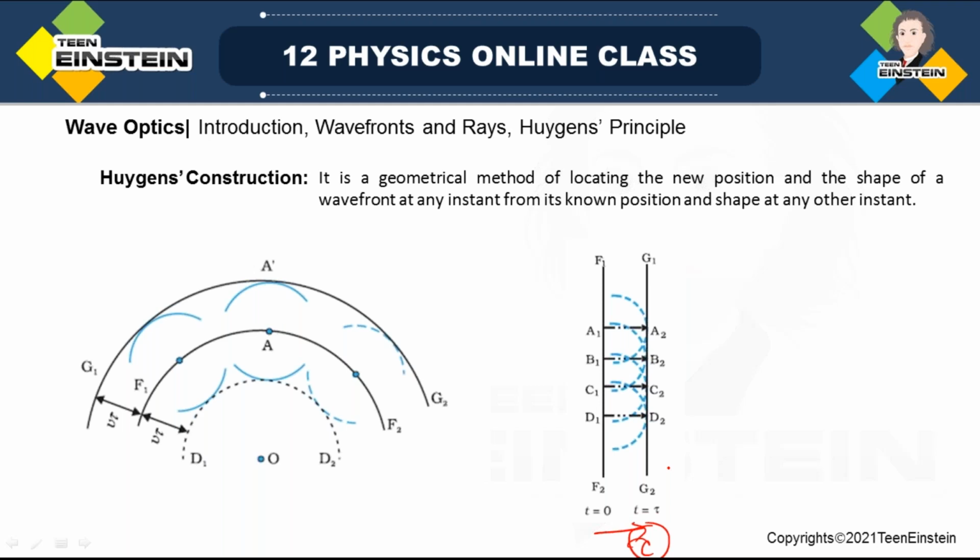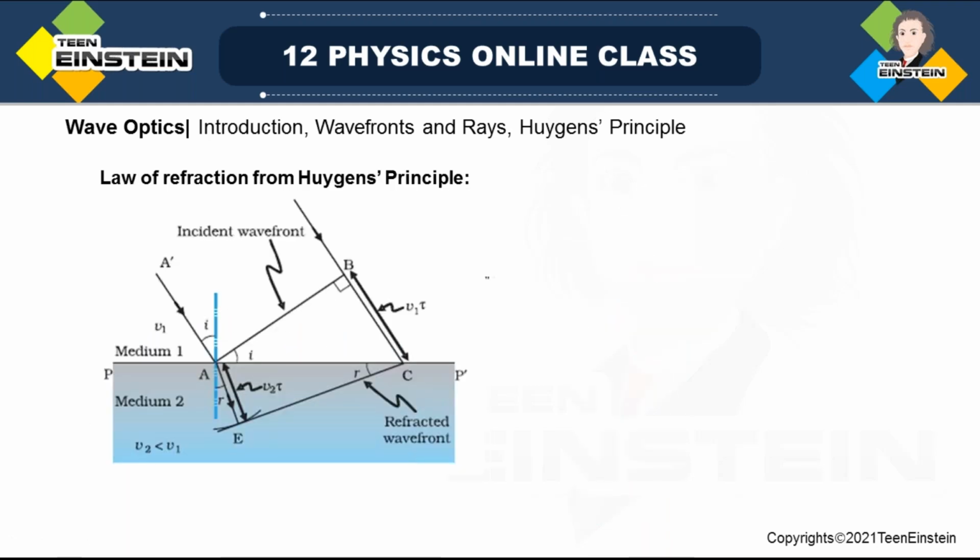Now quickly what we'll do, we'll use this Huygens principle to prove the laws of refraction and laws of reflection. Look here, the law of refraction, you know Snell's law. We have to prove Snell's law.